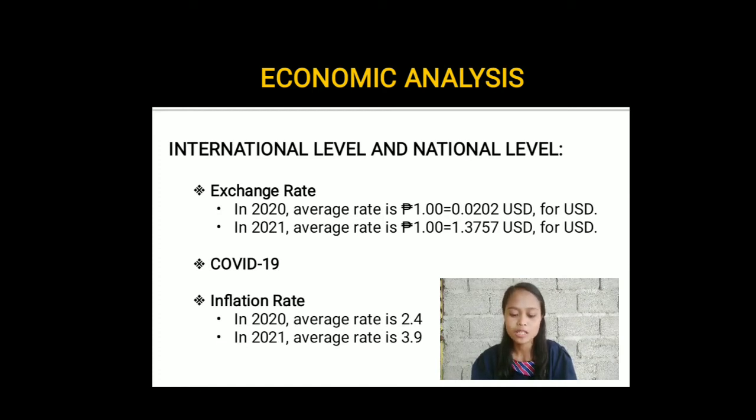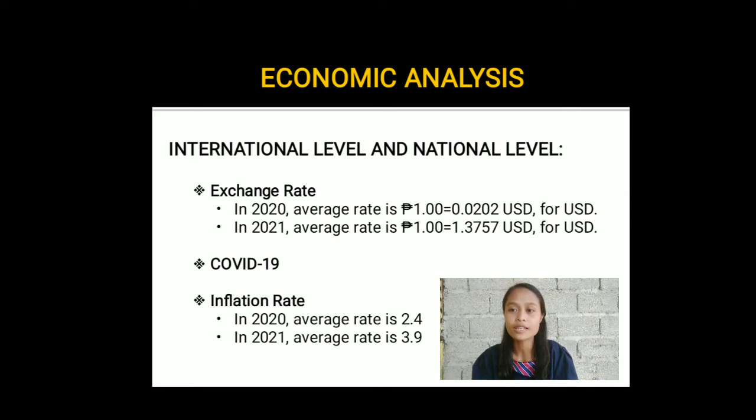As you have seen here, in 2020, the average rate is 1 peso equivalent to 0.0202 US dollar, and in 2021, the average rate is 1 peso equivalent to 1.3757 US dollar. Comparing these 2 years, the 2021 average rate is much higher than the 2020 exchange rate.